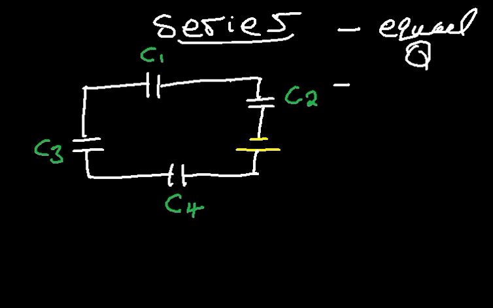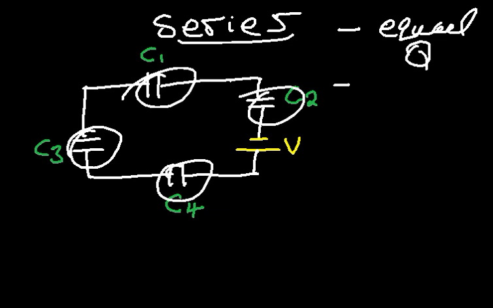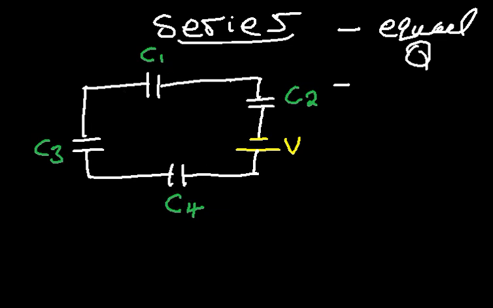And at the same time, the voltage is shared among these capacitors. There is a voltage V1 across capacitor 1 on its own, a voltage V2 across capacitor 2, a voltage V3 across here, and a voltage V4 across here, since the voltage is shared.